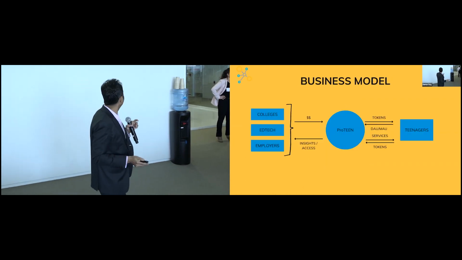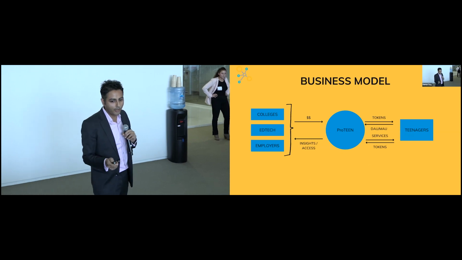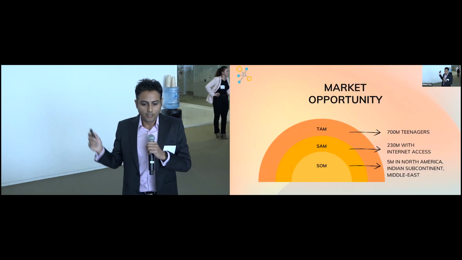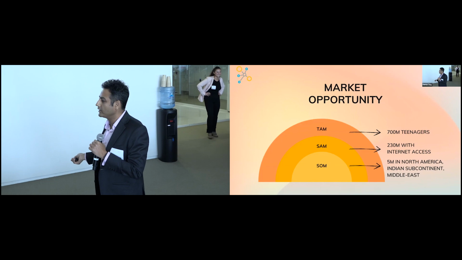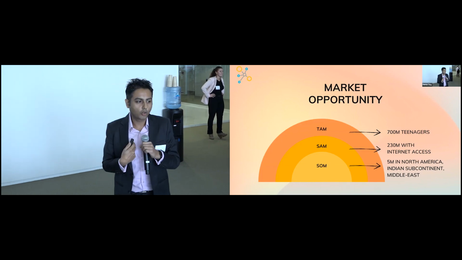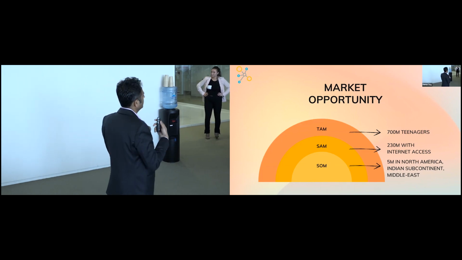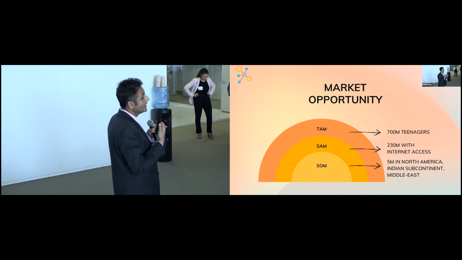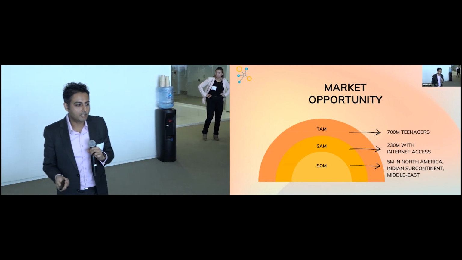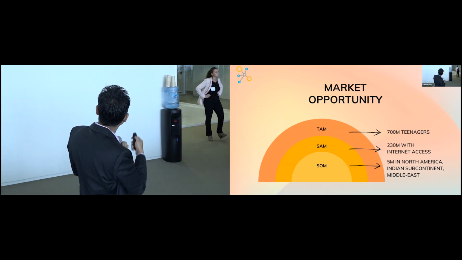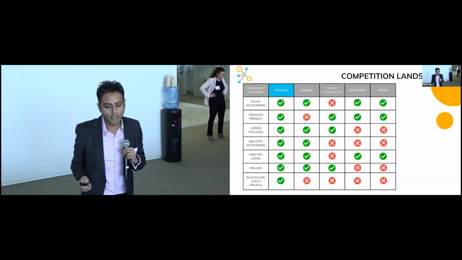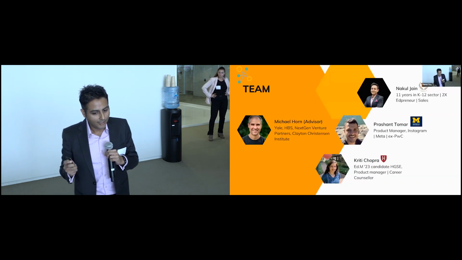The model, okay, I'm just going to end by saying that there are about 700 million teenagers out there, and we are going to start off using my previous experience of the past 10 years. We are there in North America, Indian subcontinent, and Middle East, and we'll be able to target students over here.